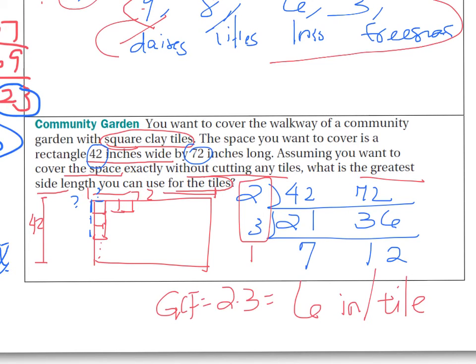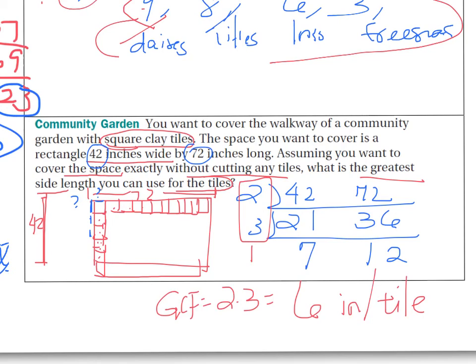So then the problem does not ask for how many tiles per side, but we know that the width is 42, so we need 7 of these here. 1, 2, 3, 4, 5, 6, 7. And we'll need 12 here. 5, 6, 7, 8, 9, 10, 11, 12.